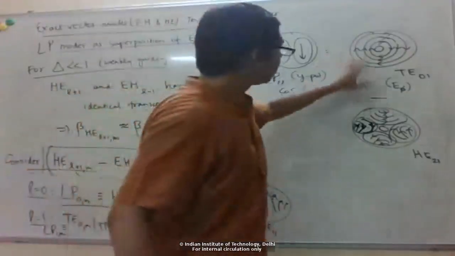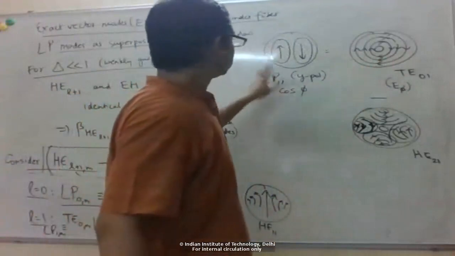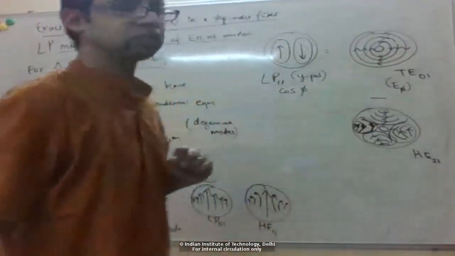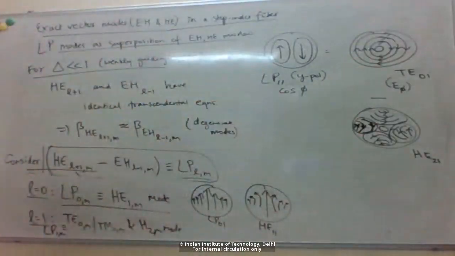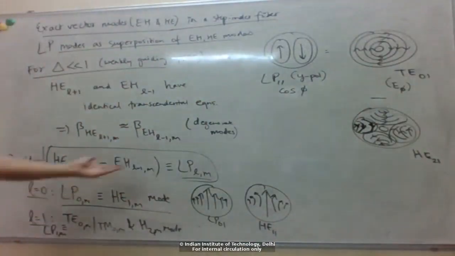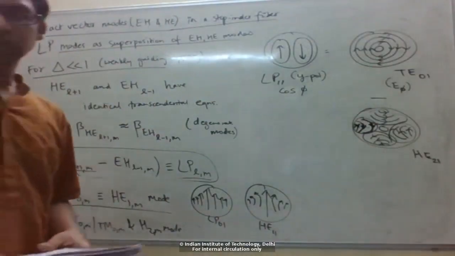So again, by taking different combinations, now if you take TM, you'll get the other two degenerate modes of the LP1. Okay, so hopefully that's clear how we can think of LP modes as superpositions of the HE or EH modes.